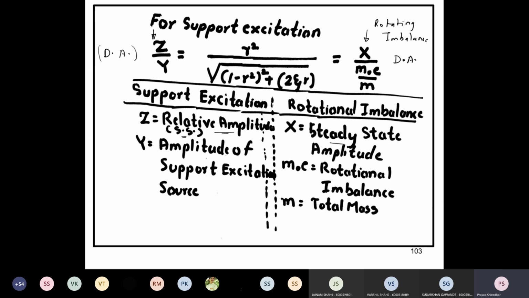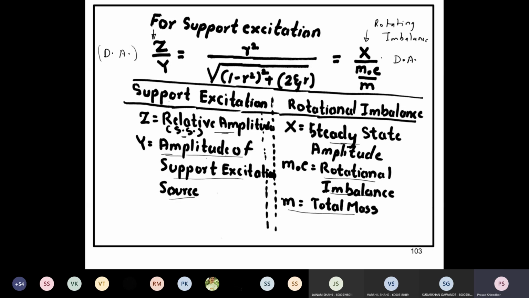X is the steady state amplitude for rotating imbalance, and Z is for support excitation. Y is the amplitude of the support excitation source, m0 e is the rotating imbalance, and m is the total mass.